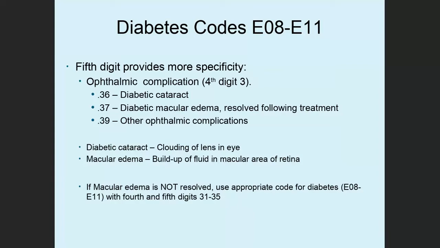Also under ophthalmic complications, fourth digit 3, are digits for diabetic cataract, diabetic macular edema resolved following treatment, and .39 other. Now notice that the .37 says resolved following treatment. If the patient has diabetic macular edema, but it's not resolved, then you go back to the other codes within the ophthalmic section, 31 to 35.